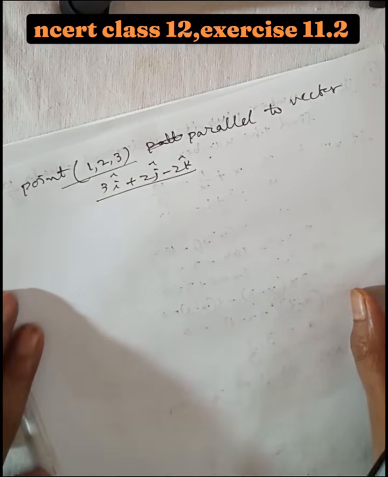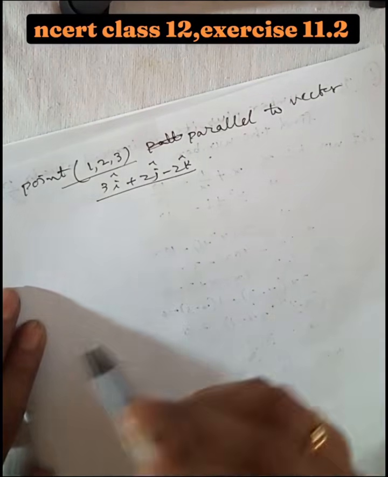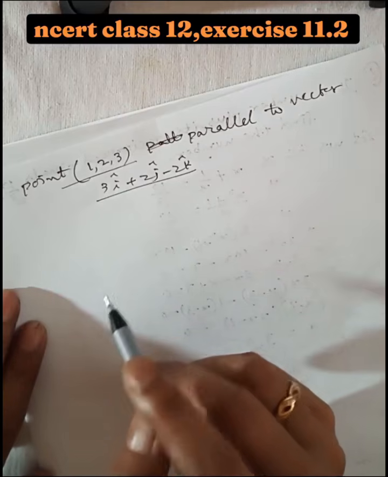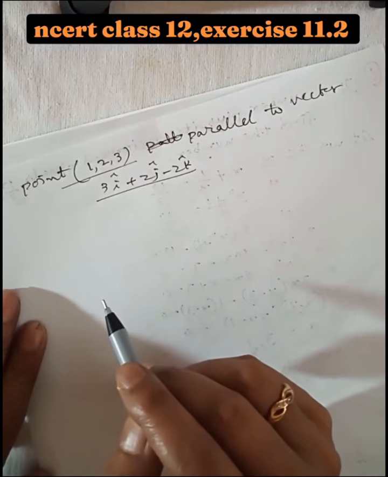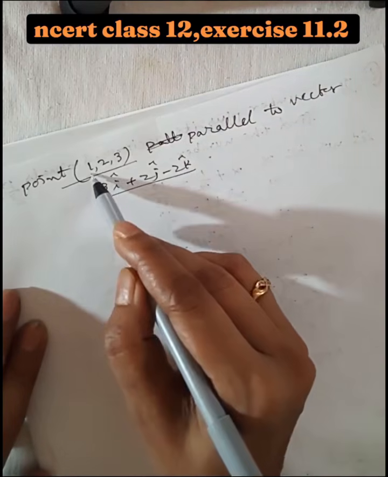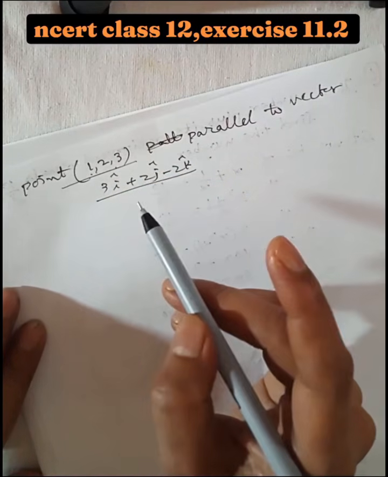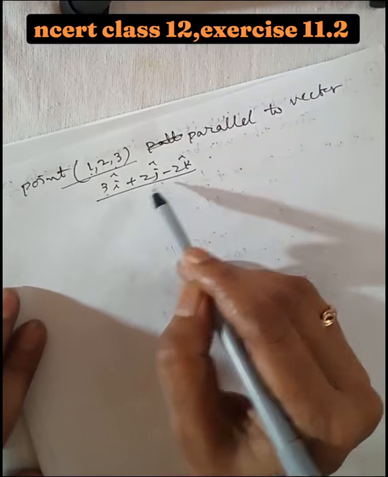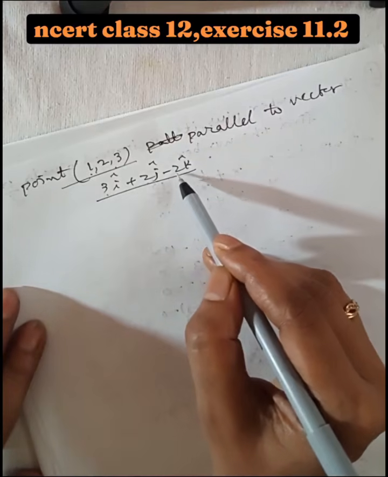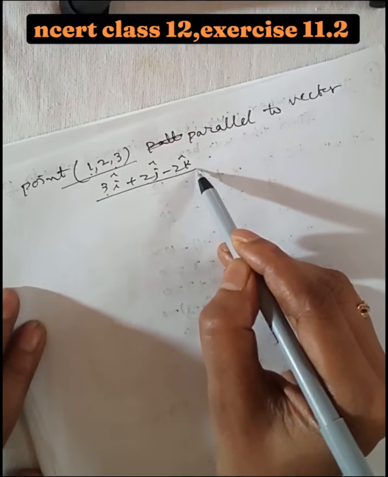Now I solve question number 4. Find the equation of the line which passes through the point 1, 2, 3 and is parallel to the vector 3i plus 2j minus 2k.